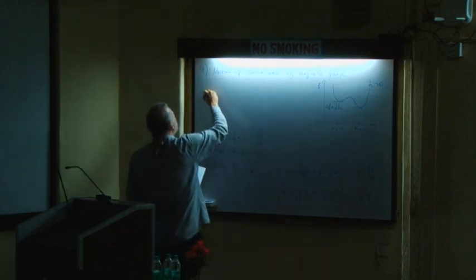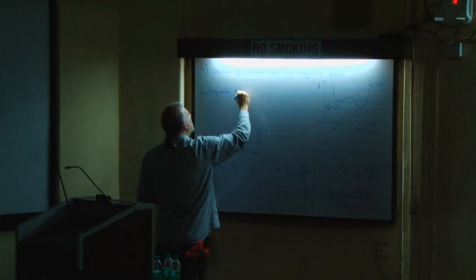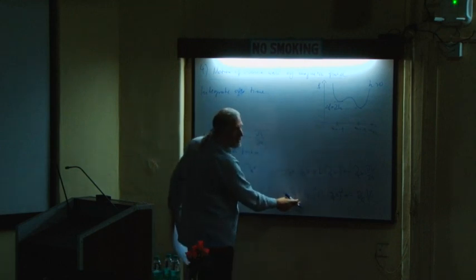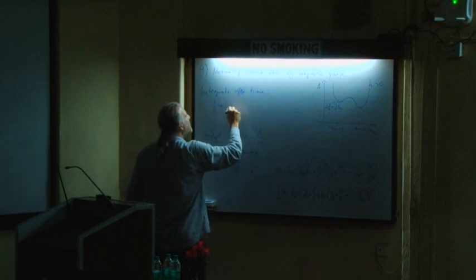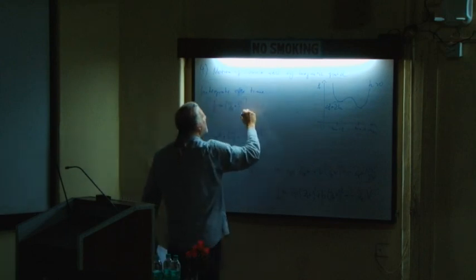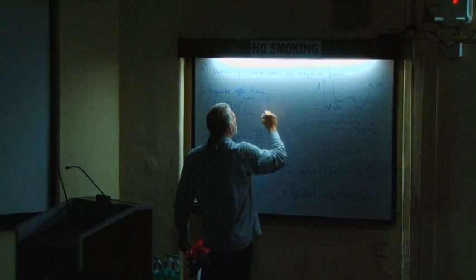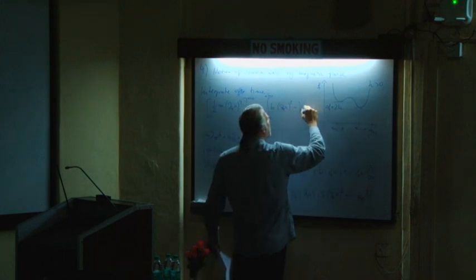So now I can integrate over time. What do I get? Well, here I get a total derivative. So I get 1/2 m d_t x squared taken between plus infinity and minus infinity, plus the integral from minus infinity to plus infinity of b d_t x squared is equal to V of plus infinity minus V of minus infinity.